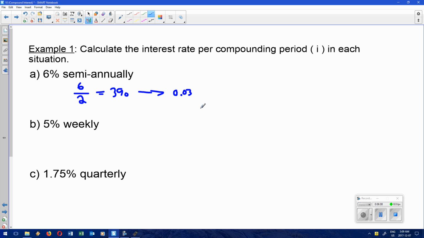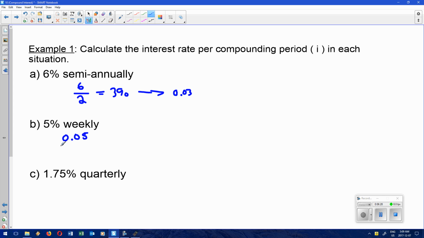Okay, and you might find it faster to actually just do that part first and then divide. It doesn't really matter. So I think for the rest of the examples, I'll do that. So 5% weekly. Again, 5%, we'll start there. That's 0.05.